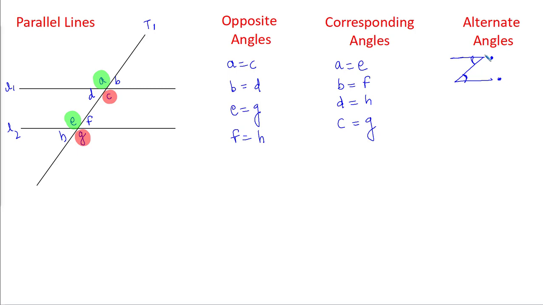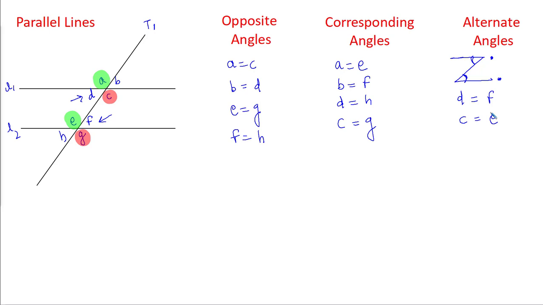Over here we can see that angle D is equal to angle F. This is called a pair of alternate angles. Similarly, angle C is equal to angle E. So these are the basic pairs of congruent angles.